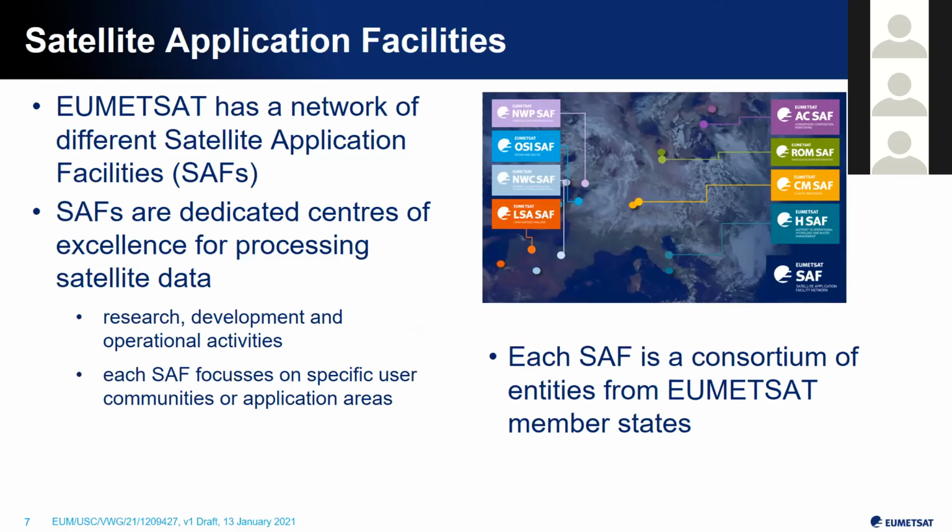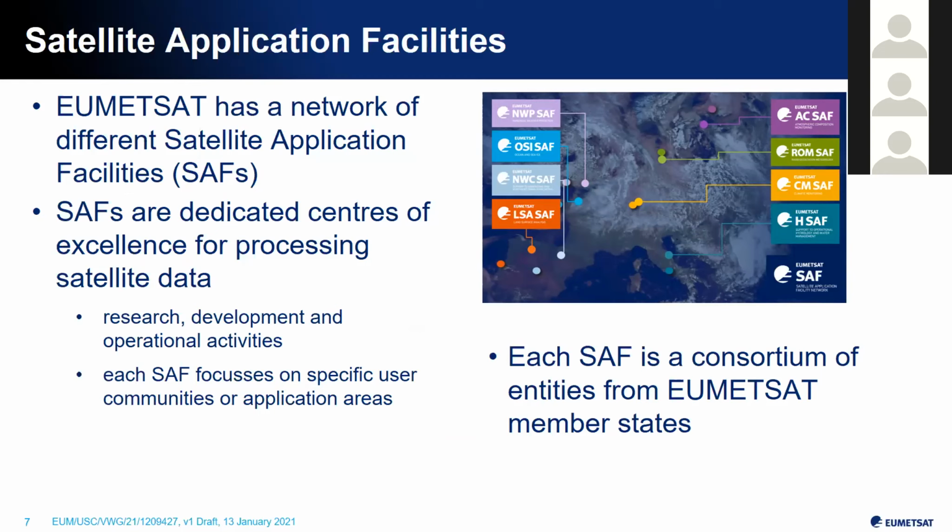A few words about the SAFs, because I was mentioning them very briefly. At EUMETSAT, we are not working alone in Darmstadt, but we have a big network of so-called satellite application facilities, and these are dedicated centers of excellence in processing satellite data for different topics.